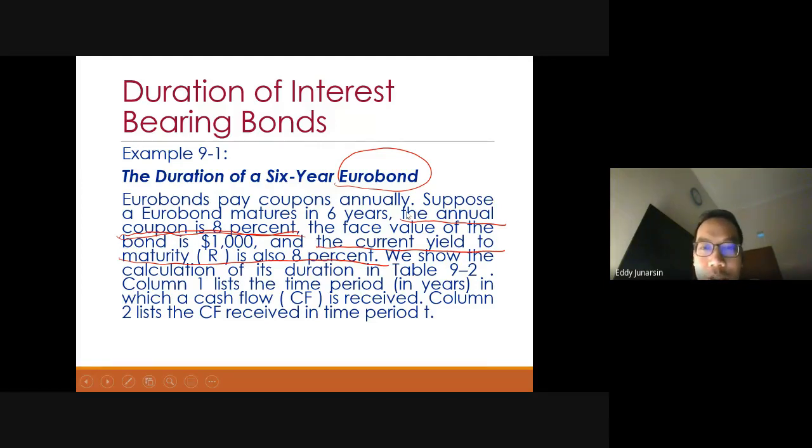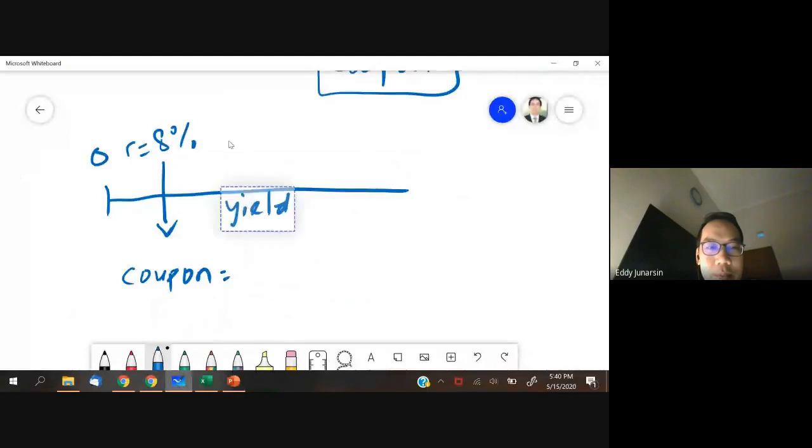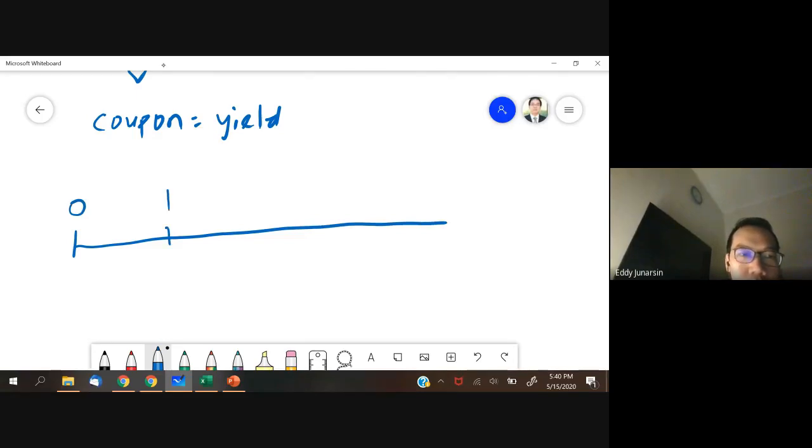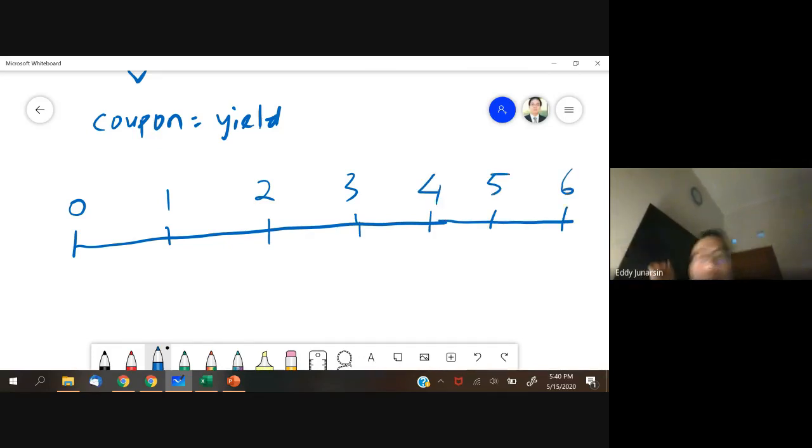Okay, so let's draw the story here. 6 years, 8%. Okay, let me do it here. So how many years again, the maturity? 6, is it? Okay, so what is the coupon rate again? 8%, is it?